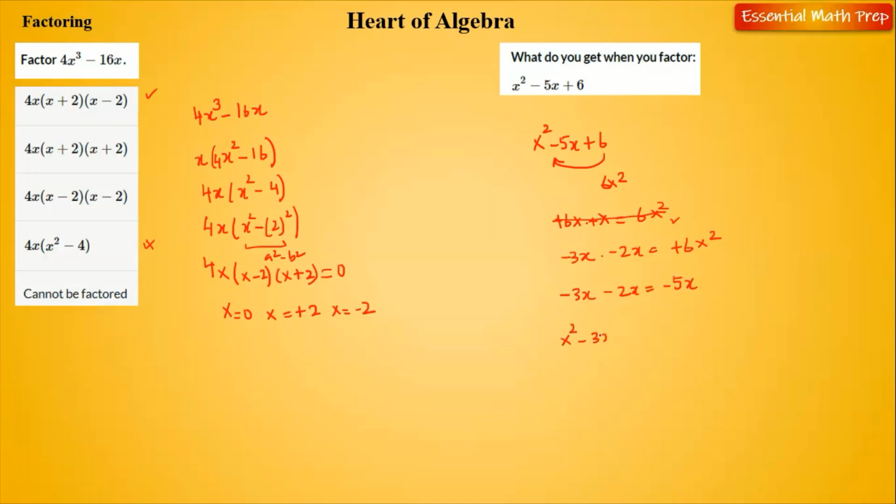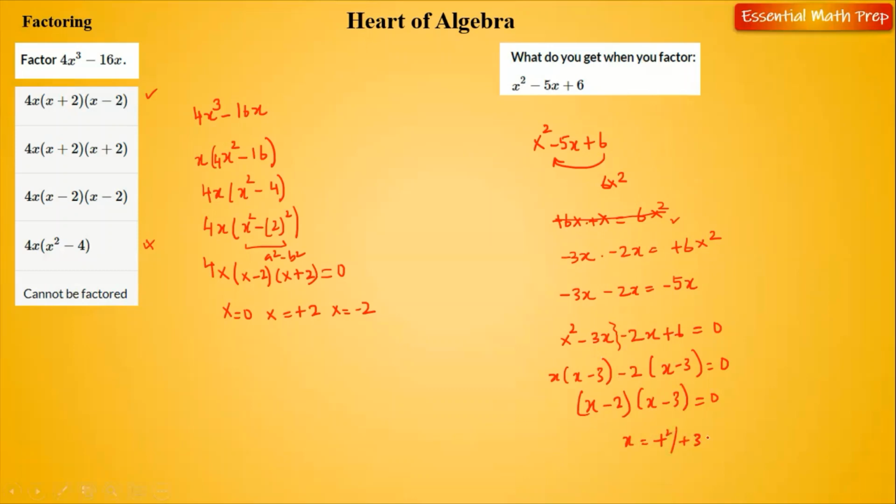So it's x squared minus 3x minus 2x plus 6 equals 0. If we split it right here and take x as a common factor, we get this, and we take negative 2, because it's a positive term, it becomes a negative term as we're taking a negative out of the bracket. So x minus 2 times x minus 3 equals 0. x is plus 2 and plus 3.